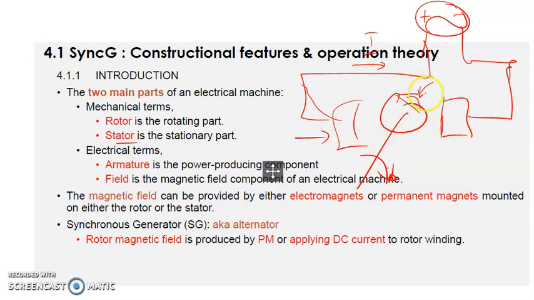It rotates. For a generator, this will be rotated by an external source. Let's say you put your generator on the dam. So this is your turbine, the turbine connected to the dam. When the water falls to the turbine, it will rotate your shaft.